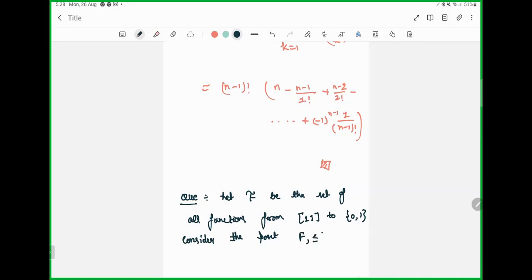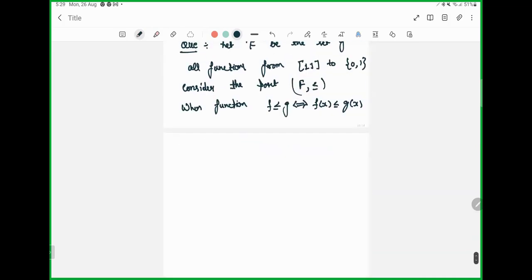This I am defining. Let me define this, where function f is less than or equal to g if and only if f(x) is less than or equal to g(x) for all x in this 11, 1 up to 11, right?